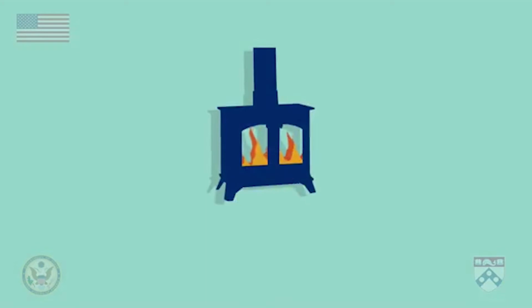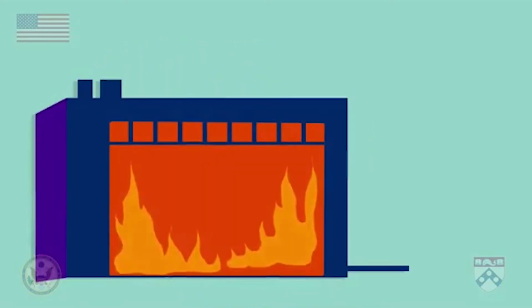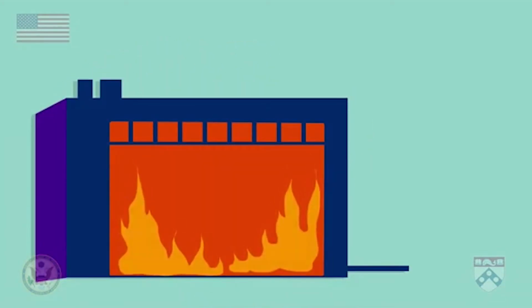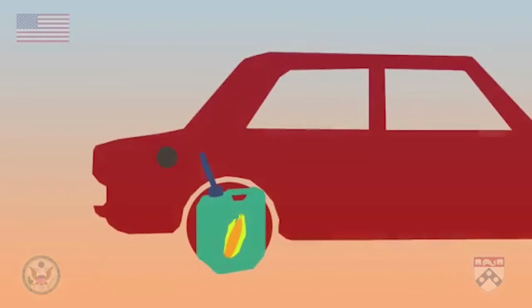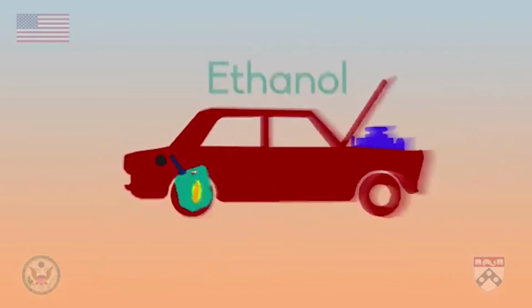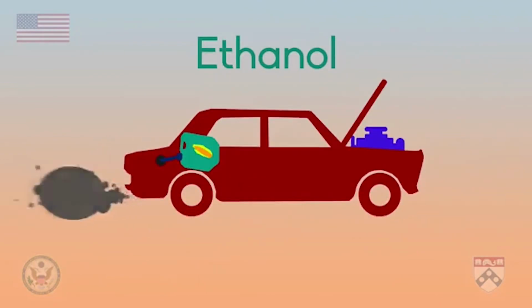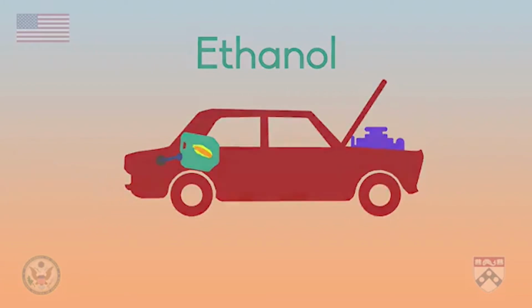In fact, a couple hundred years ago, before the use of coal and oil became so important, wood supplied 90% of the energy needed in the United States. Another example of biomass is ethanol, which is fuel made from corn. For the most part, sources for biomass energy, similar to fossil fuels, have to be burned to release the energy.